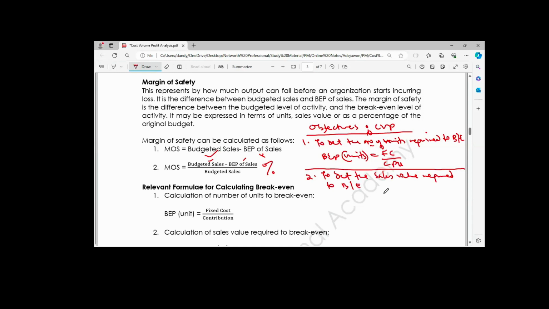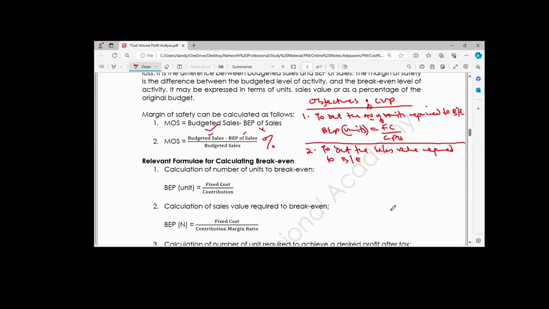You want to know how many sales you are going to generate in the market to break even. The right formula to use is to calculate break-even point in Naira: fixed cost divided by contribution margin ratio. So this is another objective of CVP, and I've also shown you the formula to get that.